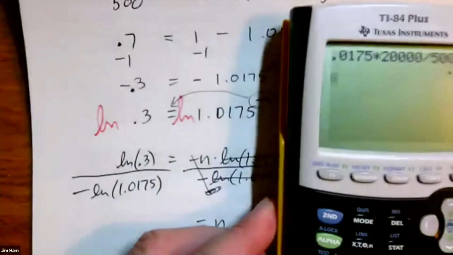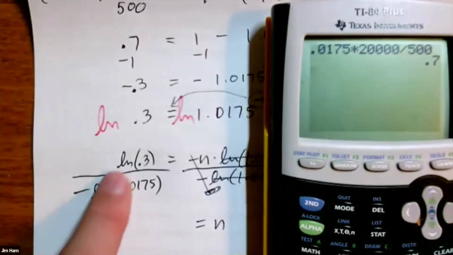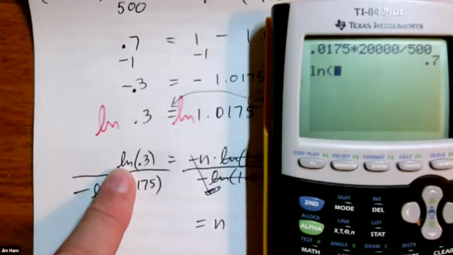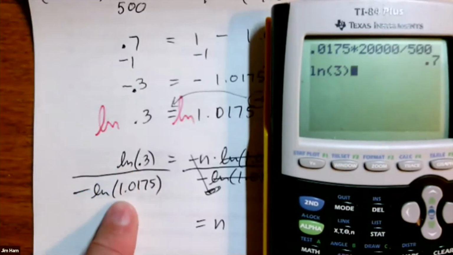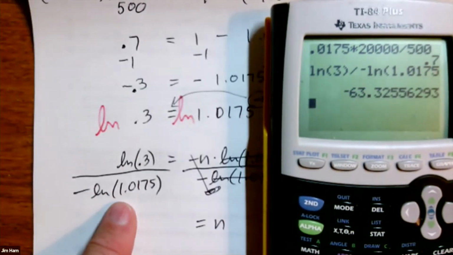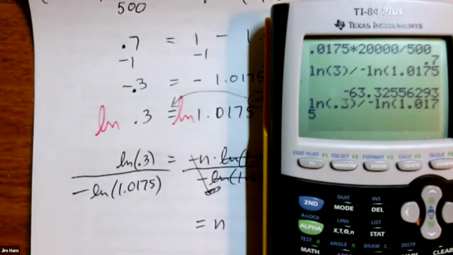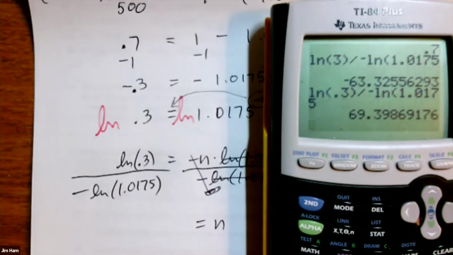All right, so it's a calculator exercise from here. We have the natural log of 0.3, and we're going to divide by negative natural log of 1.0175. And we get 69.